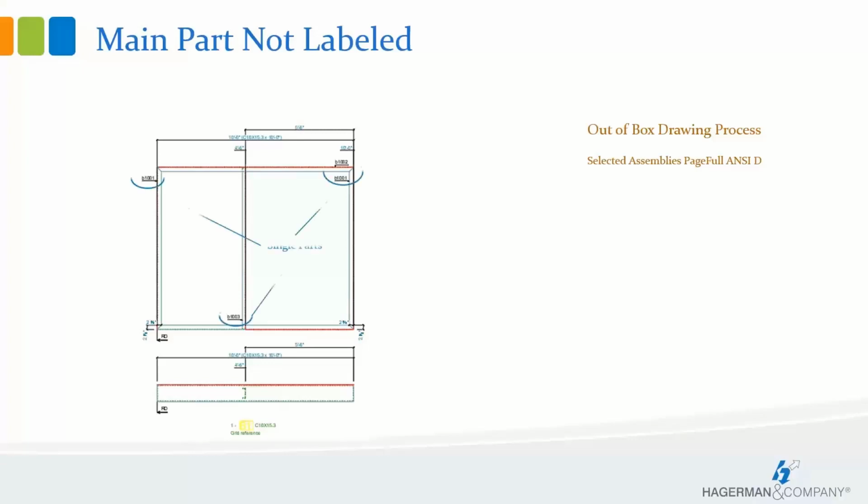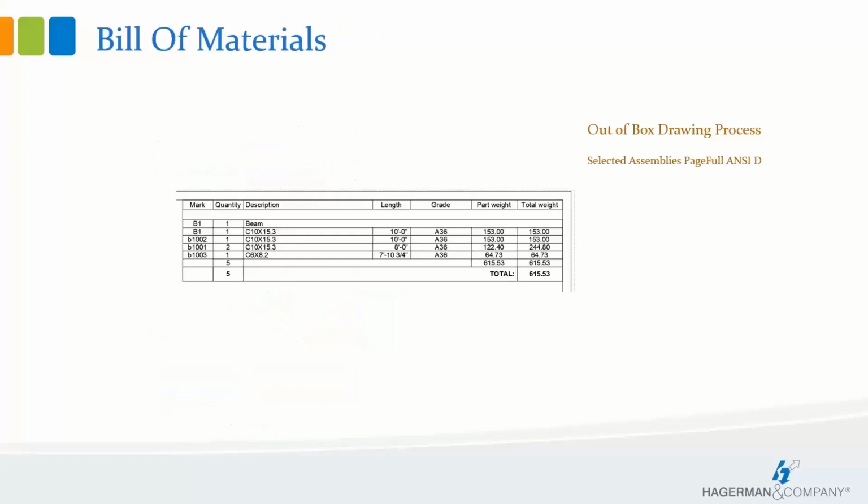That's the first thing. So here's our labels for all the beams that are in this assembly, except for one. And we would like to have everything be labeled, or at least what we want to be labeled. So there's the first thing.